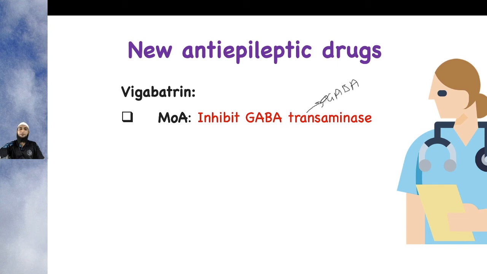Since it inhibits this enzyme, there is an increase in the level of GABA, and we know that GABA is inhibitory in nature. Due to its inhibitory nature, it reduces the excitation of the central nervous system, and it is able to control the seizures which are a result of excessive excitement of the CNS.